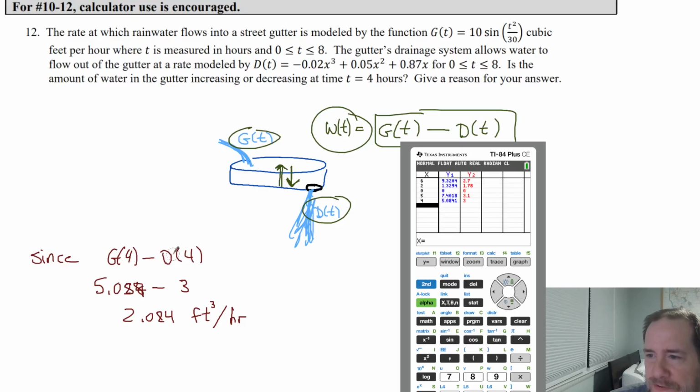But since this rate of change is positive, the amount of water in the gutter is increasing at that time.